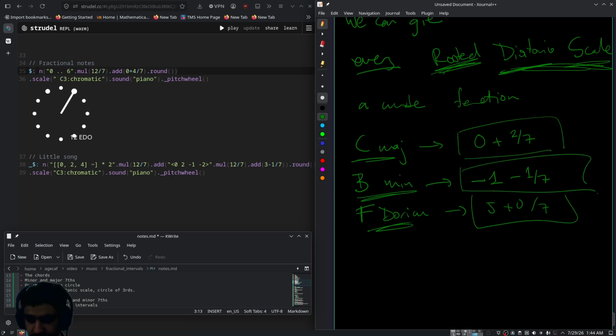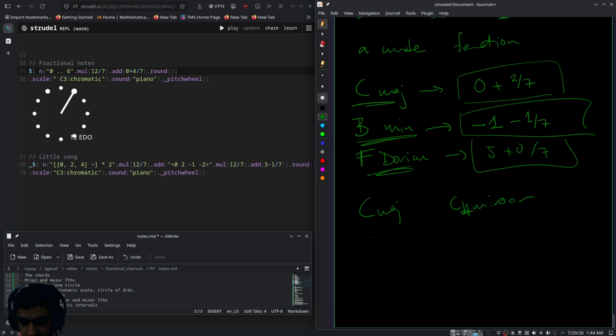And same as before, we can start thinking about intervals. So for example, what is the difference between C major and C sharp minor? Well, to go from 0 plus 2/7 all the way to, how is it called? Well, it should be 1 because it's C sharp, but it's not minor, so it's -1/7.